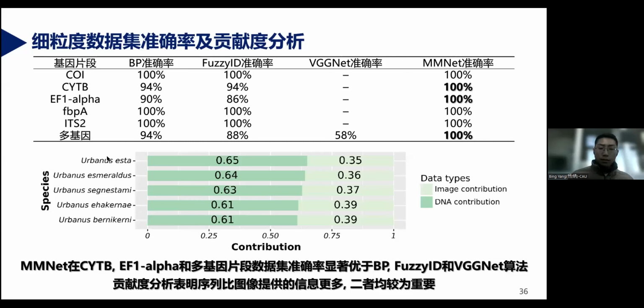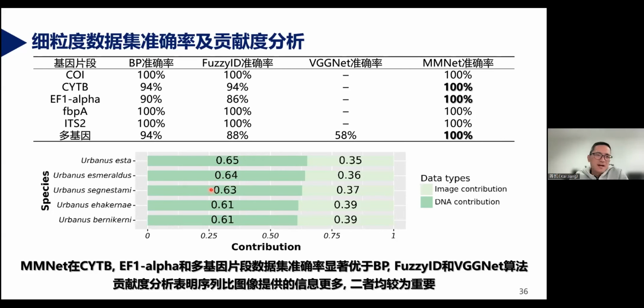As you can see, for the Urbanus esta, for these species, their contributions from DNA and image are different. So we allow the network to assign weighting on its own. We feel that this can be more optimal compared to all the different species of the same genus.